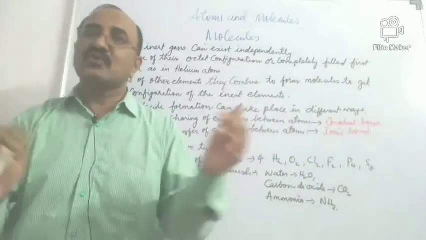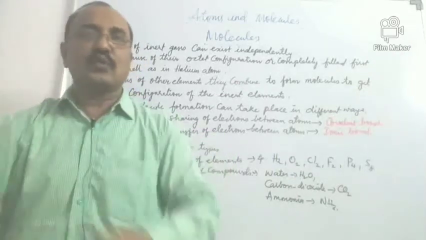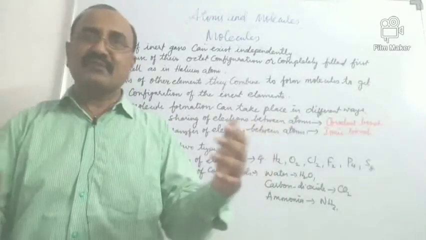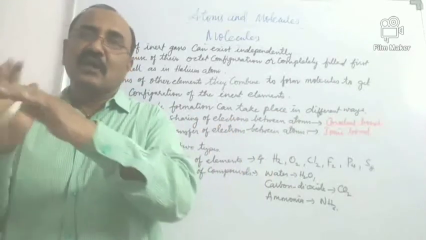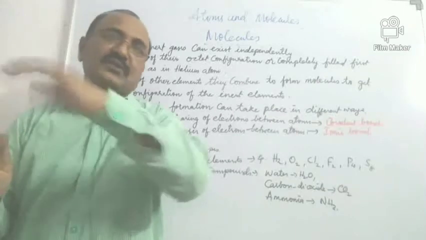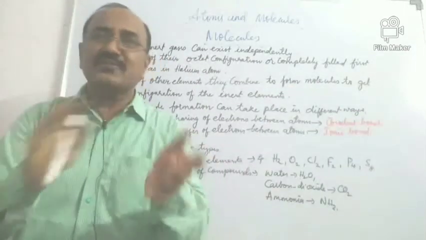The force of attraction due to sharing of electrons is called a covalent bond. So atoms can combine to form molecules with a covalent bond, and atoms sometimes exchange electrons, that is one atom of an element can give electrons to the other atom, and the other atom receives them. During this process ions are formed.